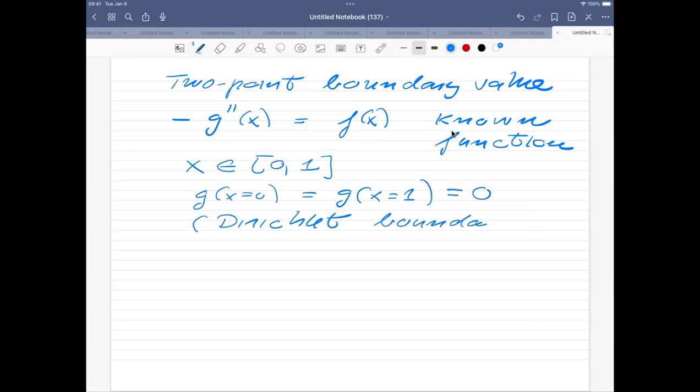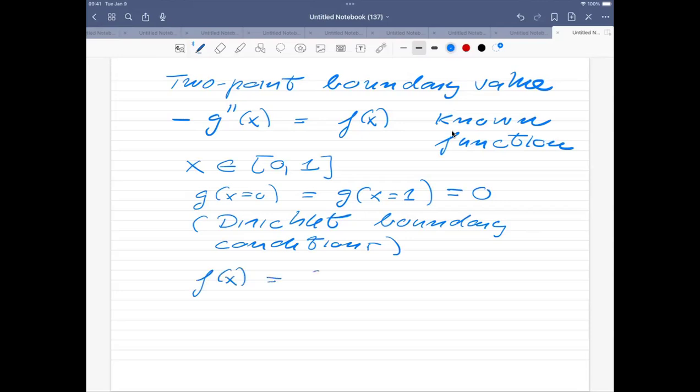You may have encountered this when you studied the solution of differential equations. If we have the derivative, for instance, then these change the name to Neumann boundary conditions. So this is a 2-point boundary problem, and we are going to assume now that this function f of x is known, which is the typical case.